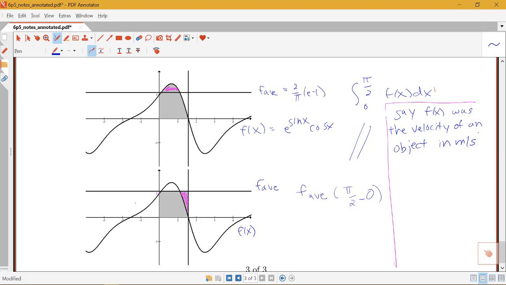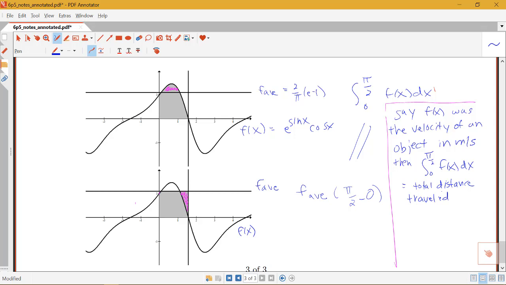Then we know the area under a velocity curve, the integral from 0 to pi over 2 of f of x dx, would represent what? When we integrate velocity, we get back our position function or distance. So this would be equal to the total distance traveled over the interval.